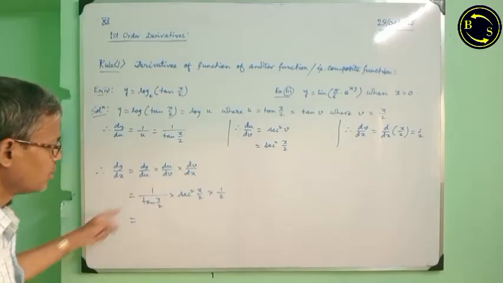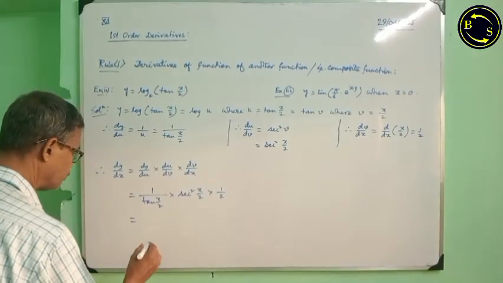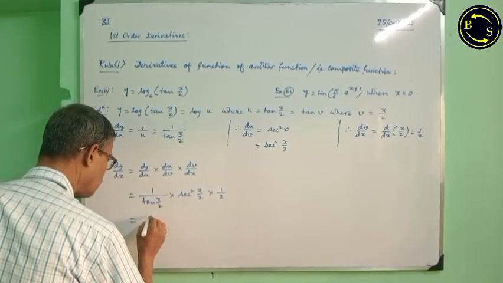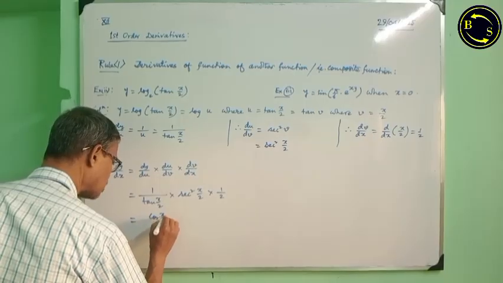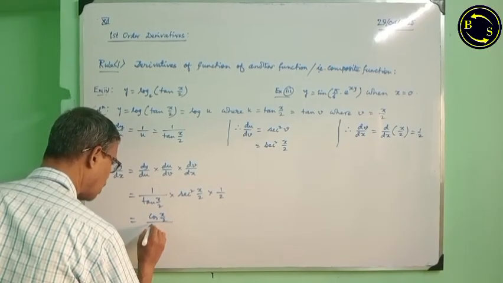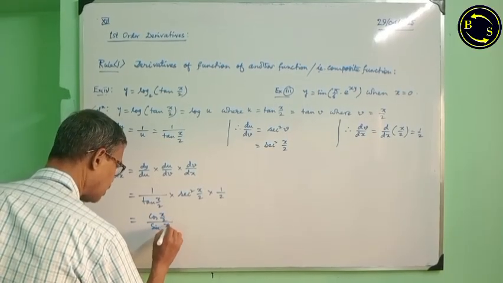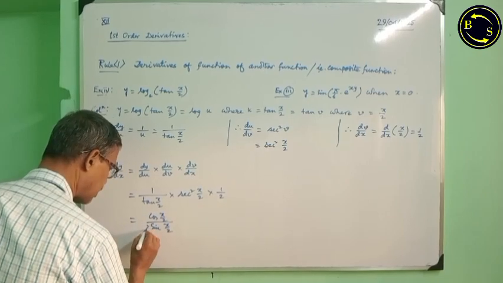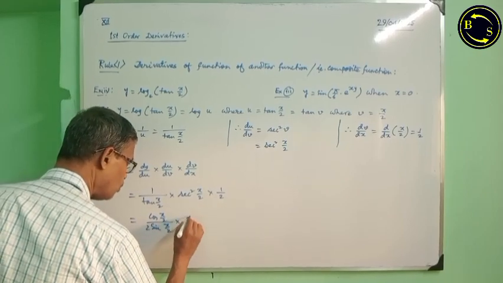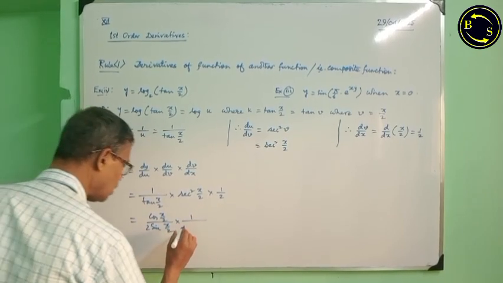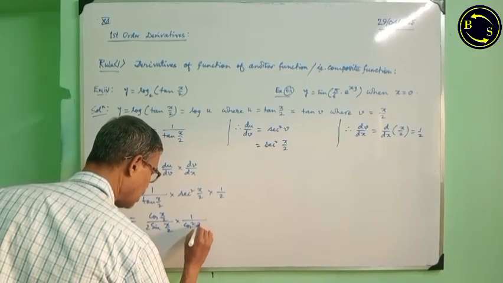Express this in terms of sine cos. Then it will be cos x by 2 by sin x by 2. This 2 is taken here into 1 by cos square x by 2.